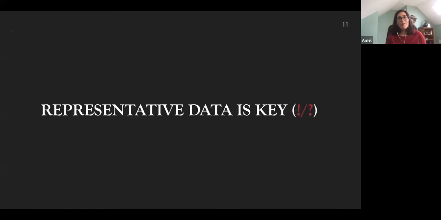So we talk a lot about increasing diversity in data and how the diversity in data could help decrease and tackle inequalities as part of global and international efforts.